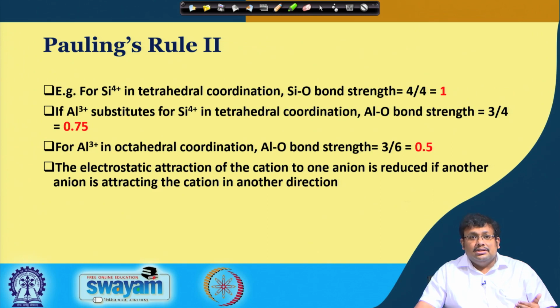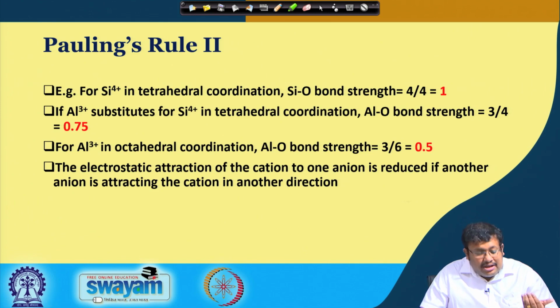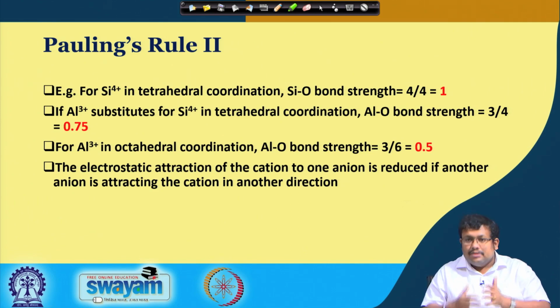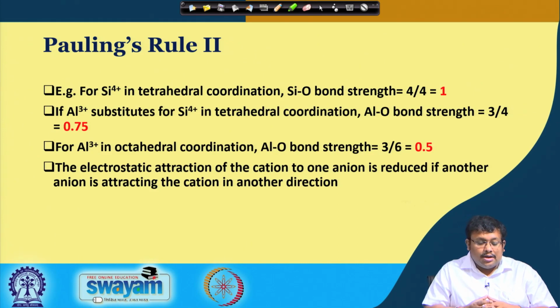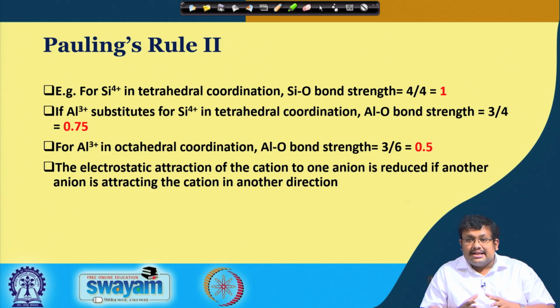Now, for example, for silica in the tetrahedral coordination, the Si bond strength is basically 4 by 4, that is 1. In case of aluminum substitution for silica, which we will discuss very soon when we discuss isomorphous substitution, you will see that aluminum sometimes substitutes for silica in the tetrahedral coordination.